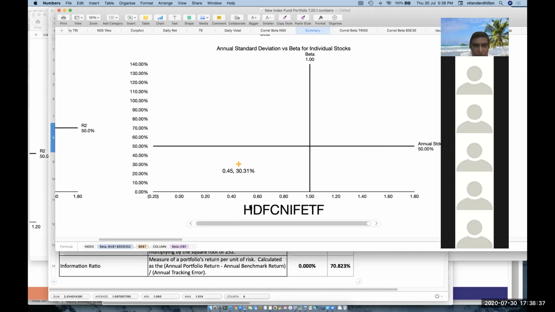Just one last question: if the HDFC index ETF has a beta of 0.45, what has HDFC done? They have invested in stocks outside India. Or low beta stocks. Or lower beta stocks.